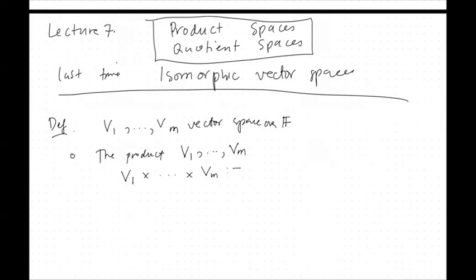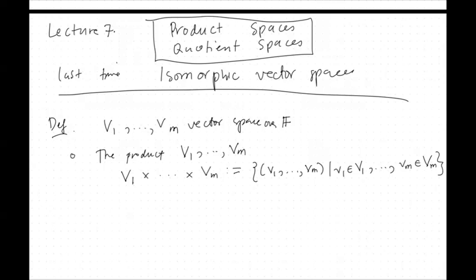This is defined as the collection of the ordered m-tuples, or ordered listing, of V1 to Vm. So first, V1 is an element of V1, and then up to Vm, an element of Vm here.